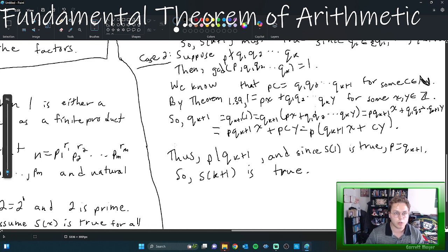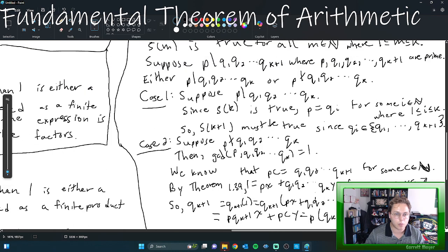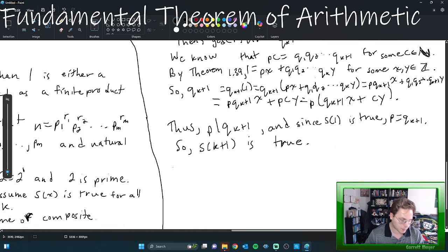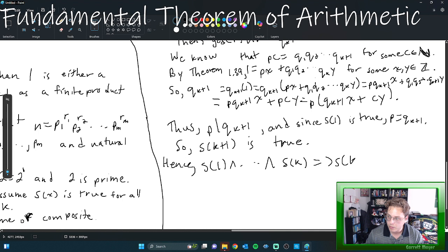So what we've shown is that if p doesn't divide this whole product apart from this q_{k+1}, then it must equal that q_{k+1}. And hence S1 through Sk imply S_{k+1}.